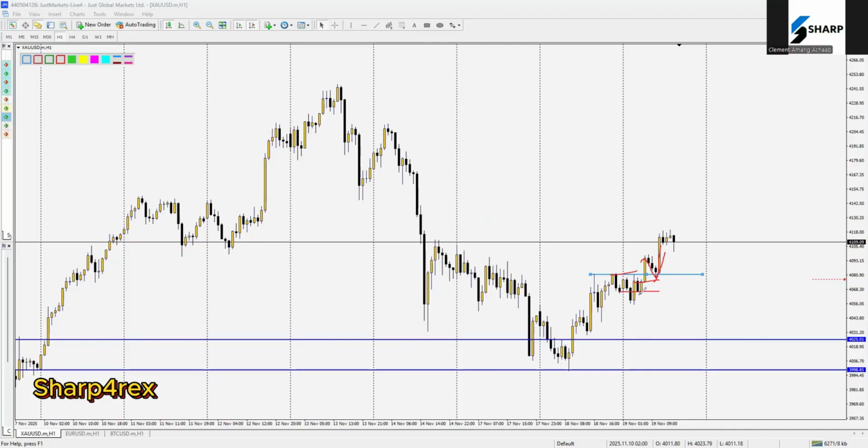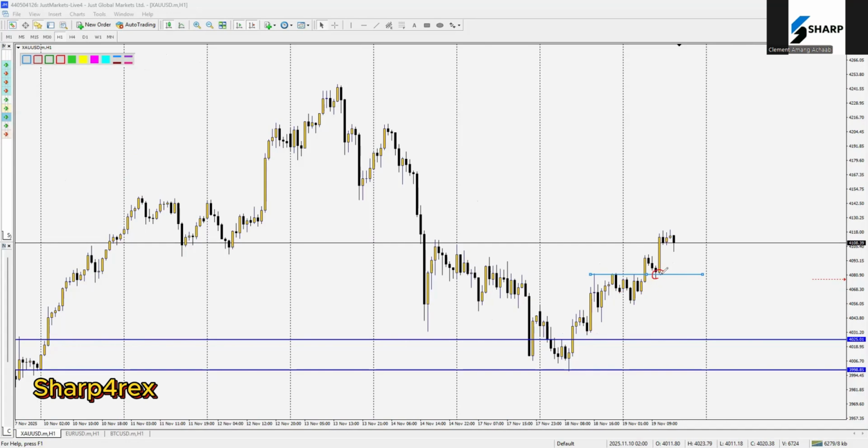So what it means is that if you were up on the charts earlier, on the H1, it means that you could have caught this trade. You could have just caught this trade with this level, just picking it from here straight away at this point.